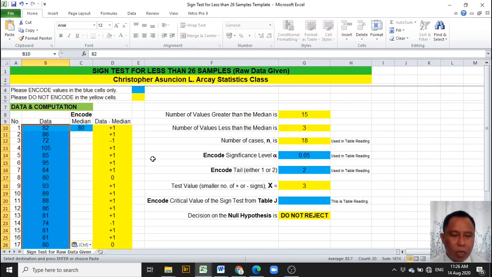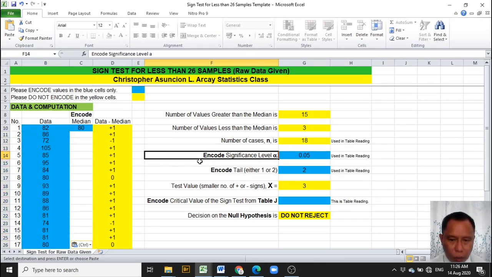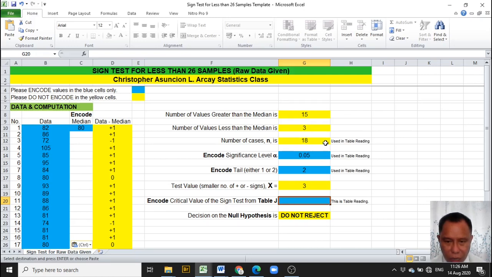After encoding all the 20 values in the Excel template, we will now be reading the critical value from table J using the entries here in the Excel for the number of cases n, which is 18, the level of significance 0.05, and the tail is 2.